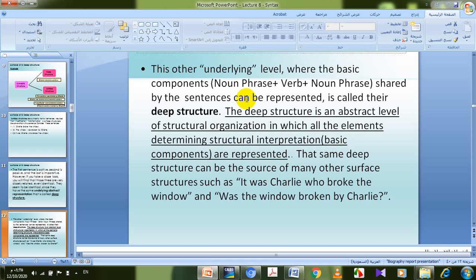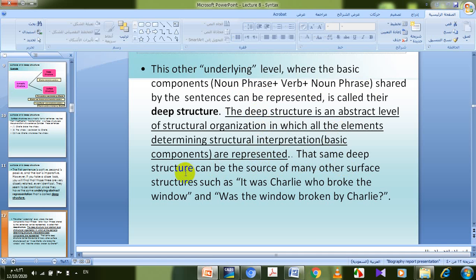What are the same basic components? Noun phrase, verb, noun phrase. If we analyze these three sentences, we can find that the three of them have noun phrase, verb, noun phrase. That's the idea.